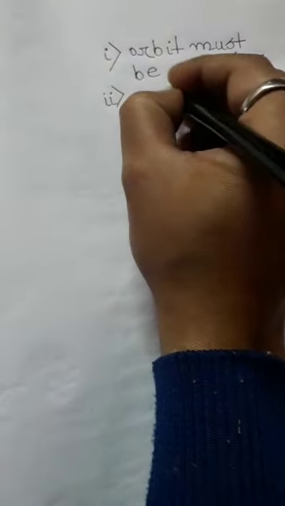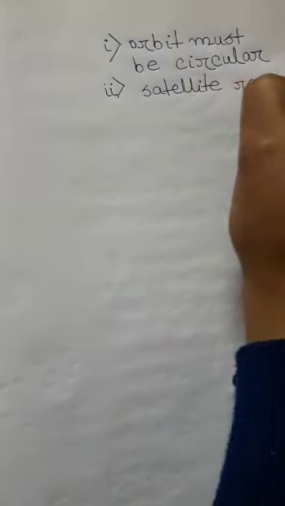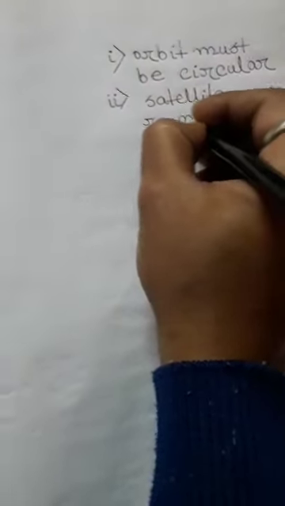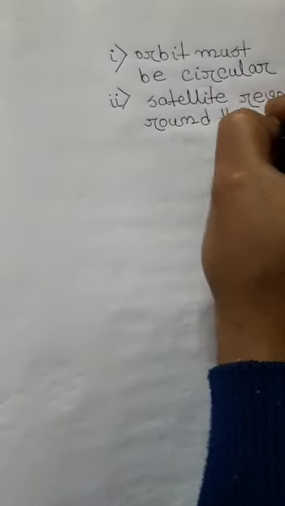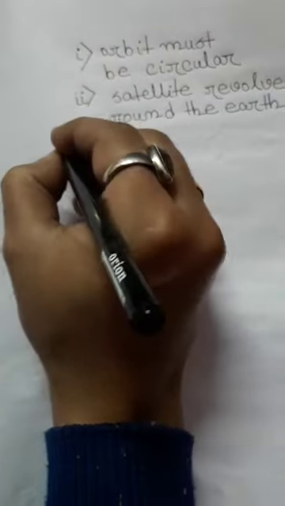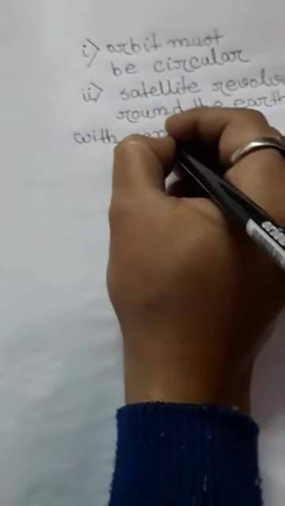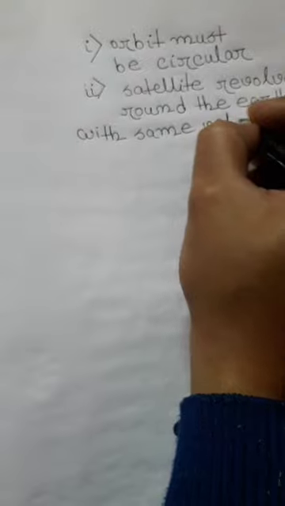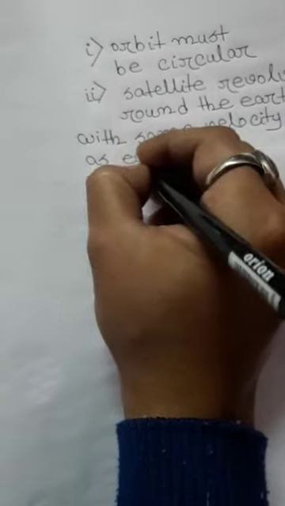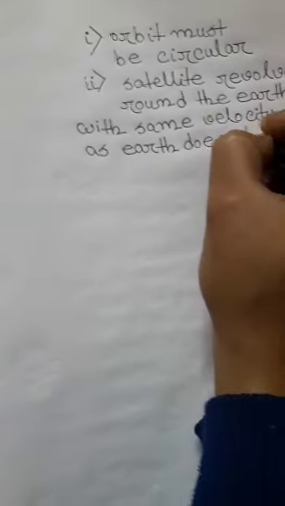Okay, the satellite revolves around the earth with same velocity as earth does about its own axis.